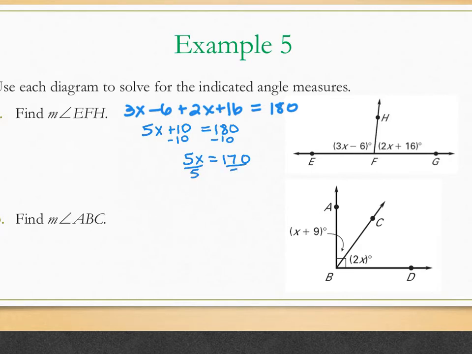Good. x equals 34, right? Same as before. Now it says find the measure of angle EFH, which is this one. So I do 3 times 34 minus 6.